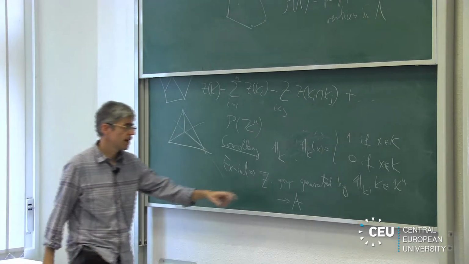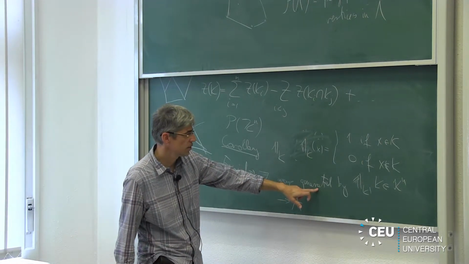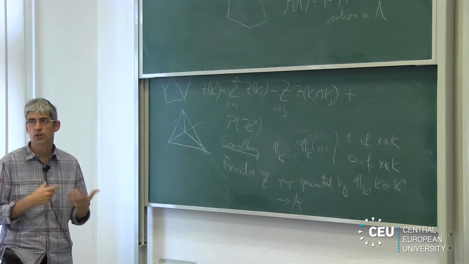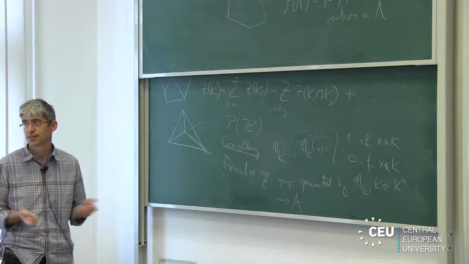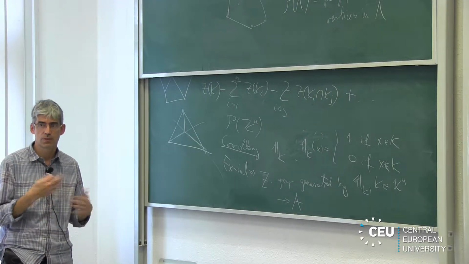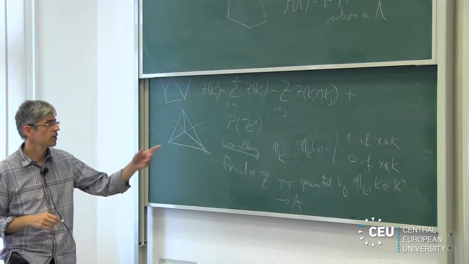Now, if I have this family, then I can speak about the value of, say, the union of any two convex sets. I would just express the characteristic function as a linear combination.